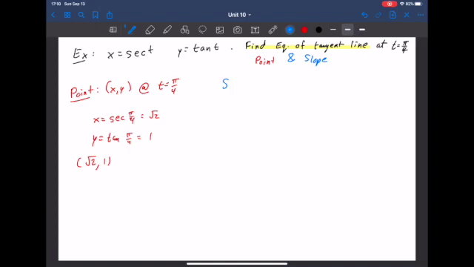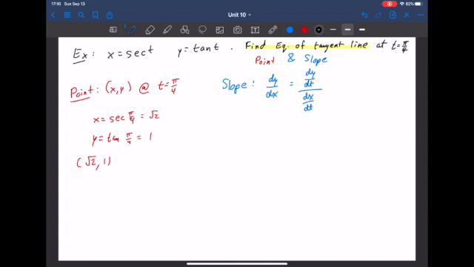For the slope, again, you're not thinking about dx/dt and dy/dt, not immediately. You should make sure you're saying, oh, it's dy/dx, which is that formula: dy/dt divided by dx/dt.